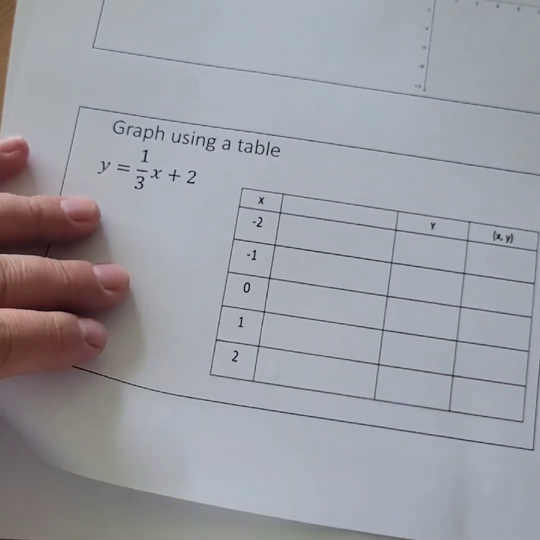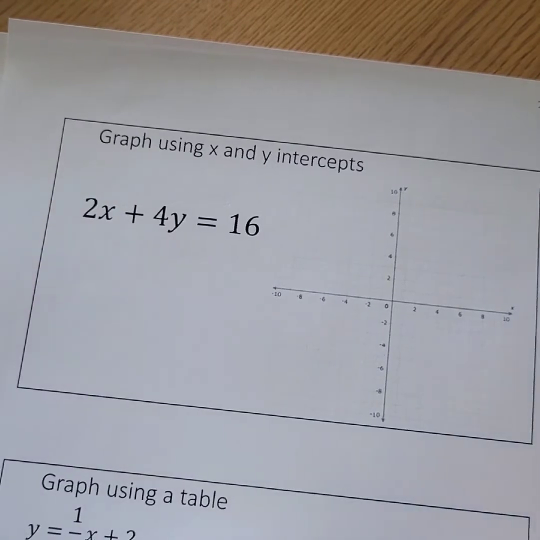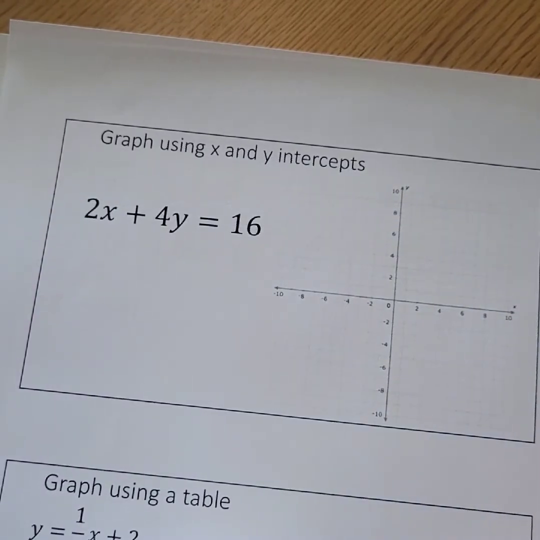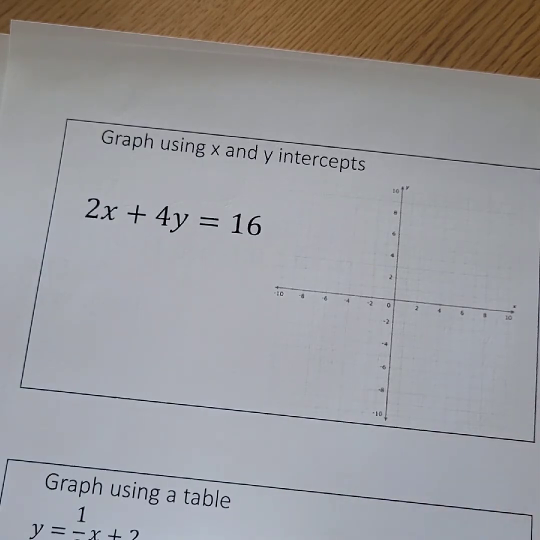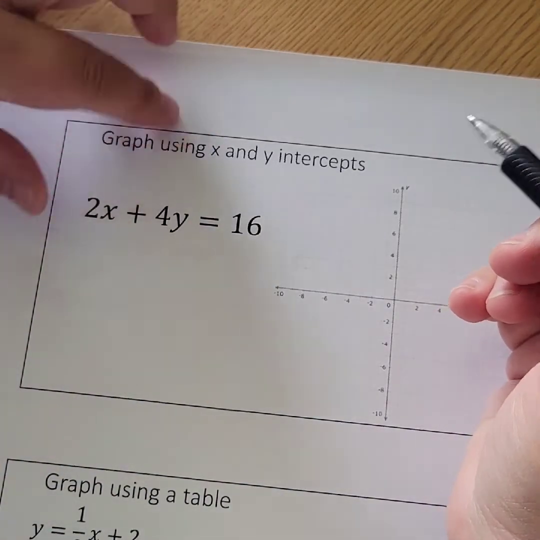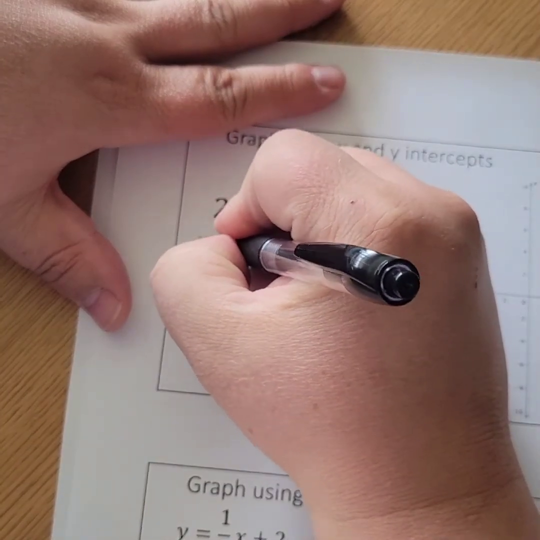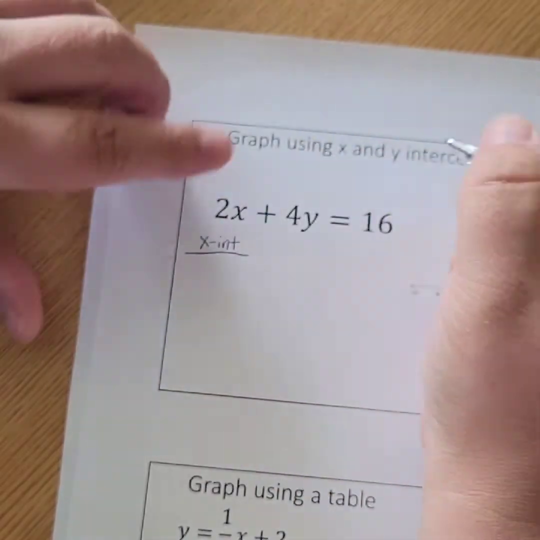All right. So this is a way that you can graph simply using the x and y intercepts. I apologize that these are kind of long notes. It's a big section. When we're doing the x-intercept, y is 0.